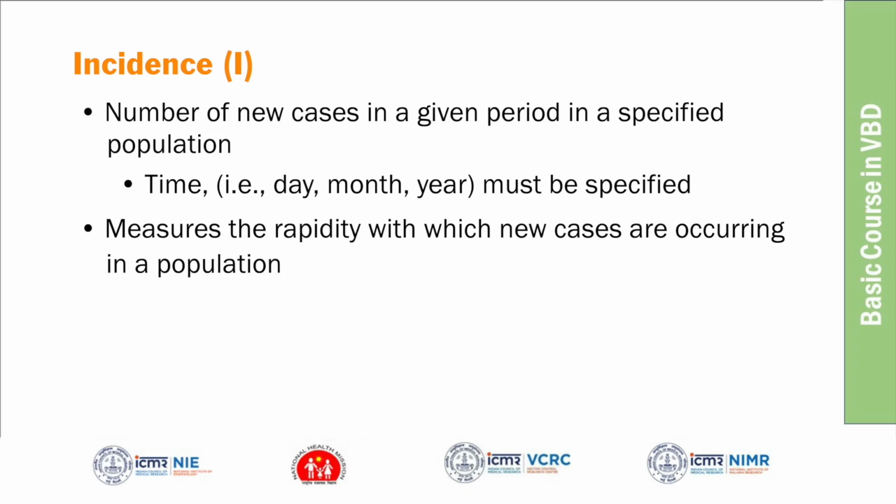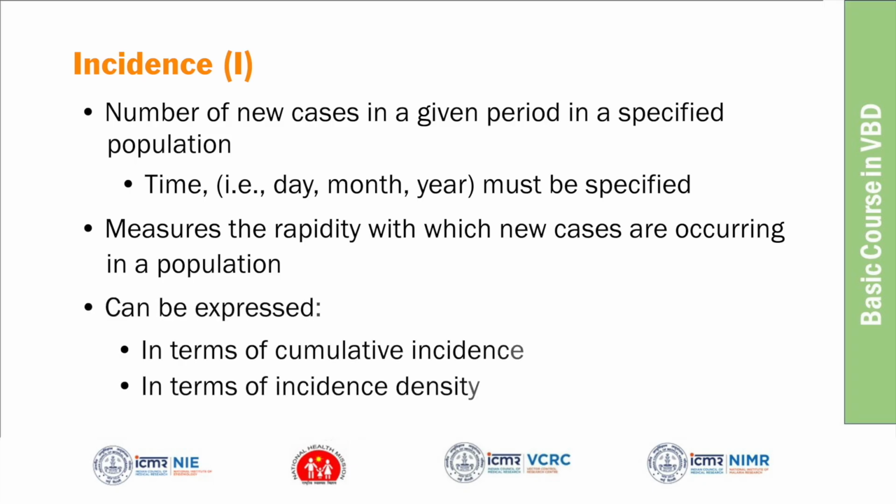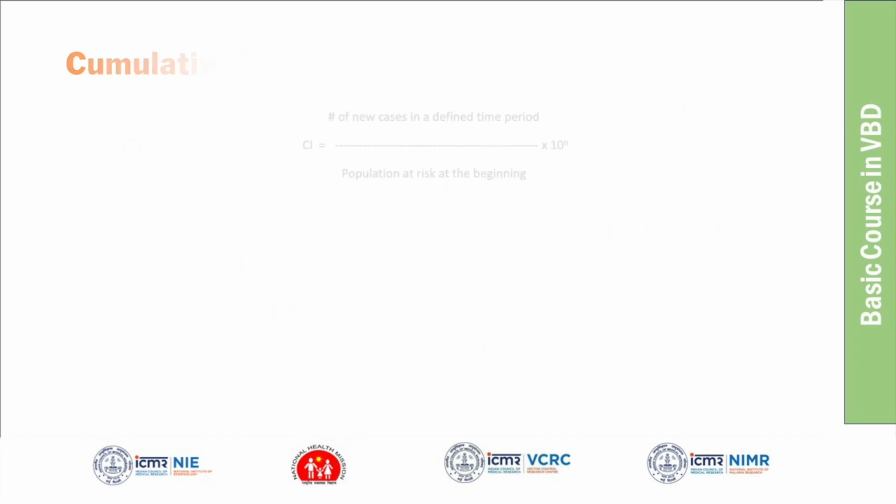How likely are individuals who are non-diseased today to develop disease in the future? There are several measures of incidence. One is called cumulative incidence, which is the one that is most commonly used, otherwise called incidence risk. Another is called incidence density, otherwise called incidence rate. These two measures we will be discussing in the subsequent slides.